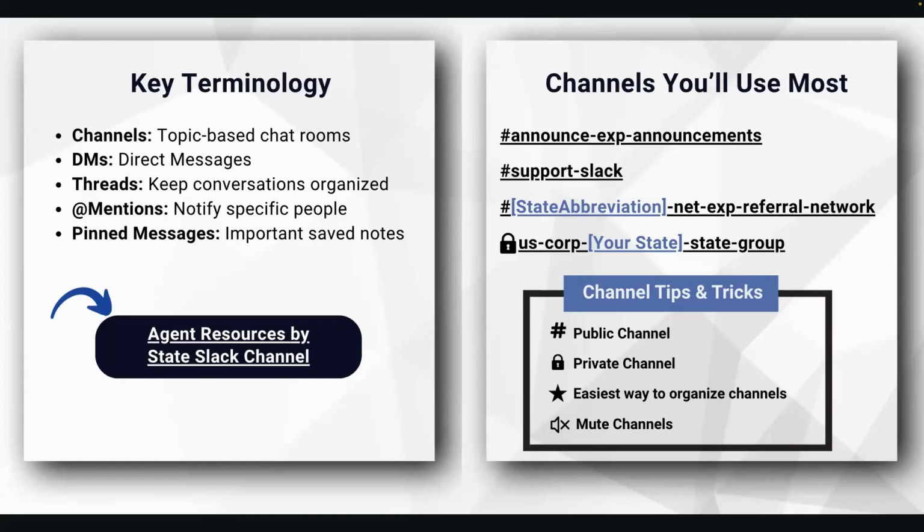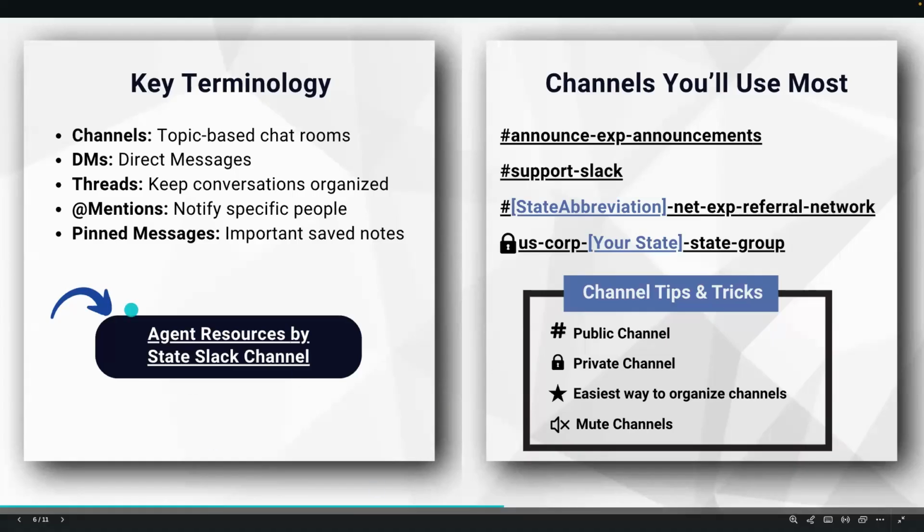So you're auto added to that one. You're auto added to the EXP announcements and support Slack as well. And you have different channels to explore that you're not auto added to. We'll go into that as well and see some examples like EXP Latino or even referral networks. So we'll keep exploring as we go.